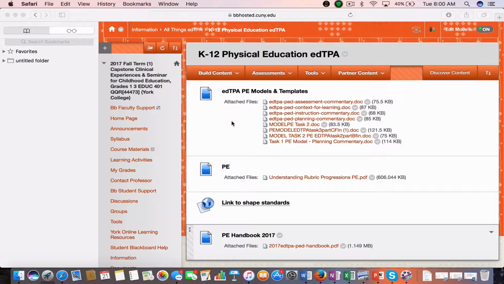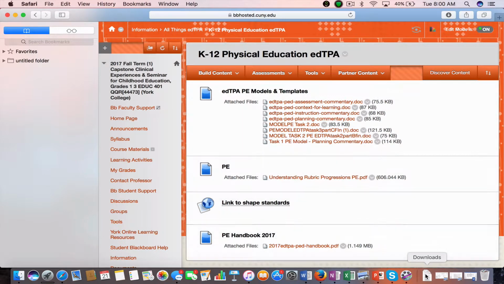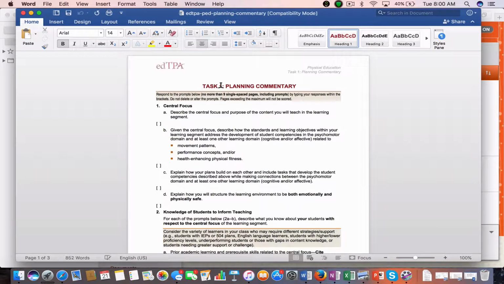Okay. Then if we go to, let's see, planning for instruction, it's called planning commentary, okay? So planning commentary, and this is again true for everybody. This is called Task 1 Planning Commentary, and this is Task 1E.